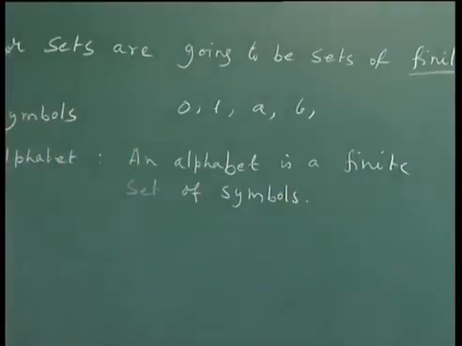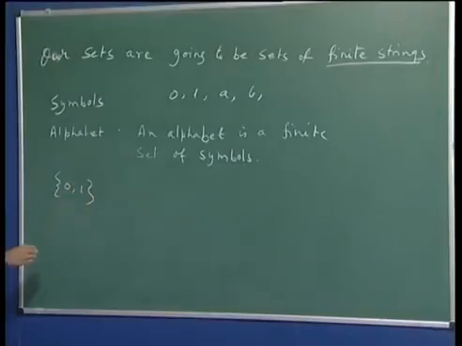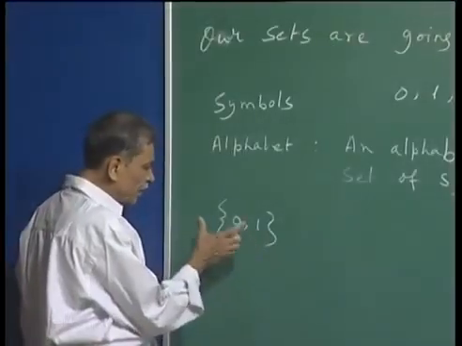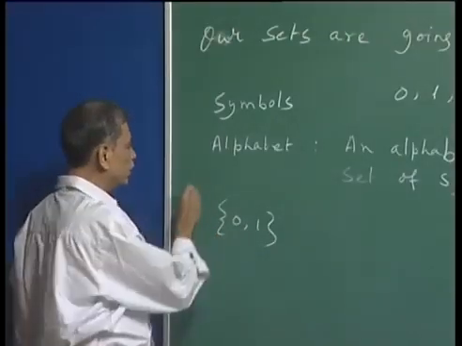As an example, this is an alphabet: there are two symbols 0 and 1, and the set comprising these two symbols is an alphabet.